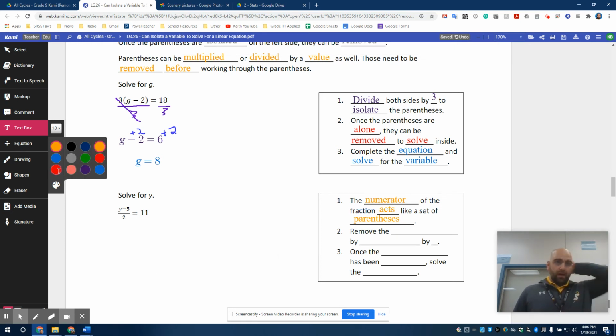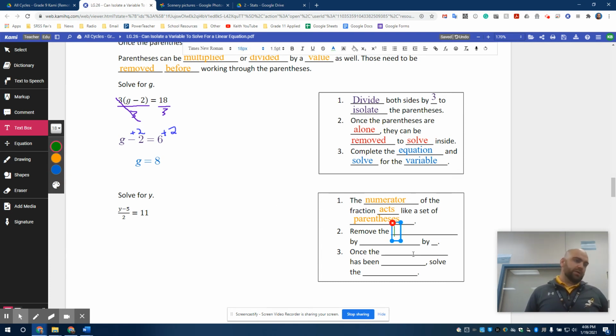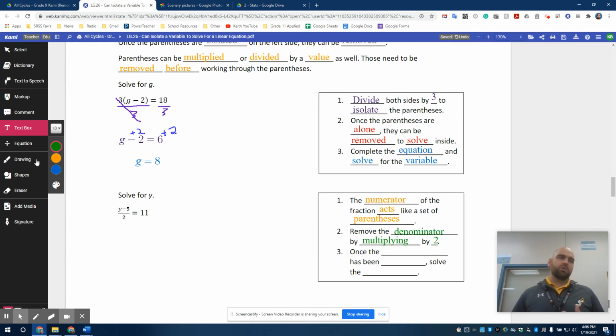So if we are going to solve for that, the first thing we need to do is remove the denominator by multiplying by 2. Again, we're going to multiply both sides by 2, and that's going to get rid of the denominator.